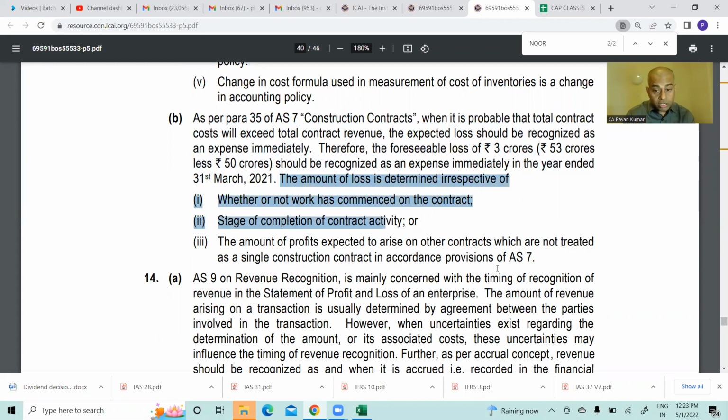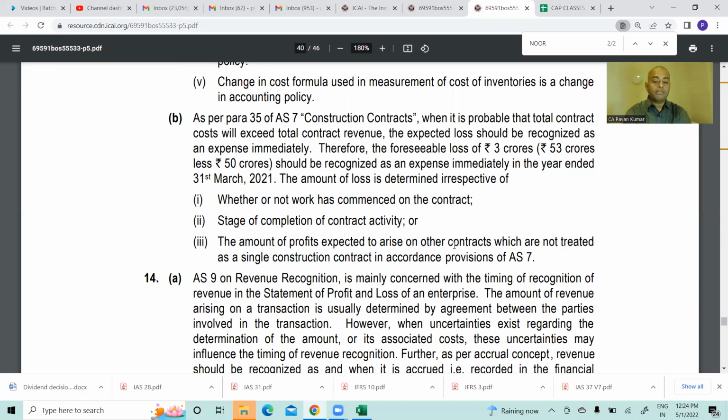This is more important. So when I was explaining the answer, I told you these 3 points. Whether the work has not been commenced or whether the work is commenced. Point number 1, what is the stage of completion of this contract? Point number 2. Point number 3, profits expected to arise on other contracts. These 3, if you write, then only you will get full marks. Many students will not write this.